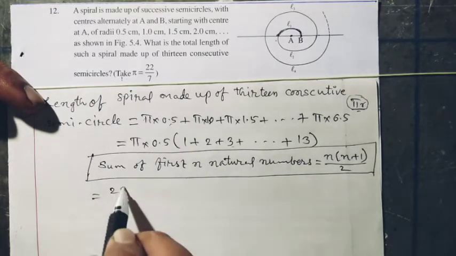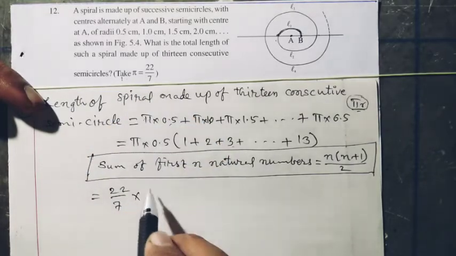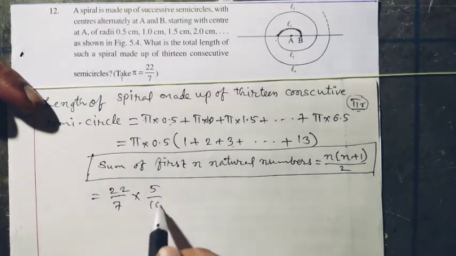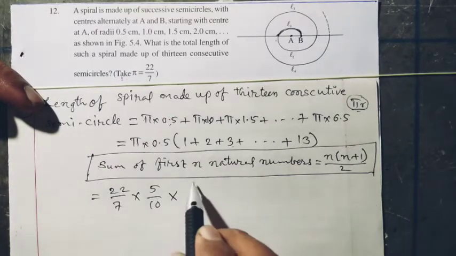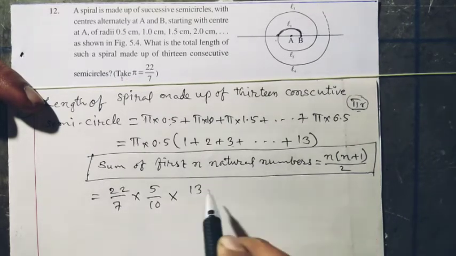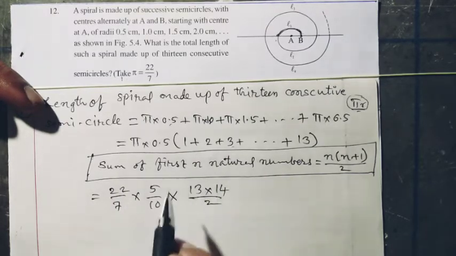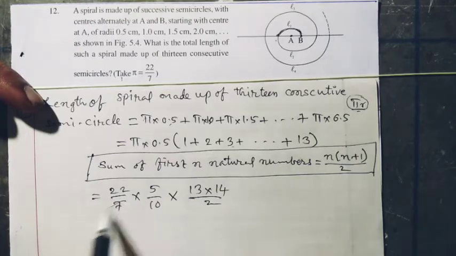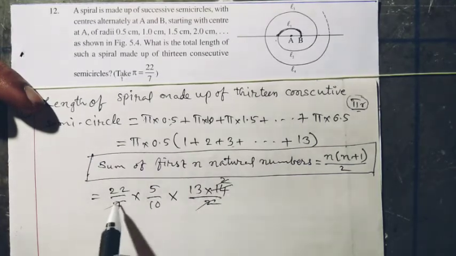22 by 7 is given, into 0.5, which is 5 by 10, into n into (n plus 1) by 2, that is 13 into (13 plus 1) by 2, 14 by 2. So we can cancel: 7 ones are 7, 7 twos are 14, 2 ones, 2 ones.